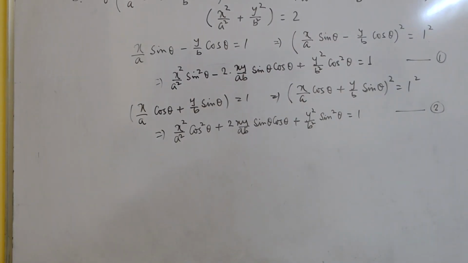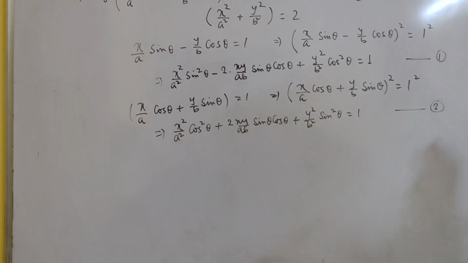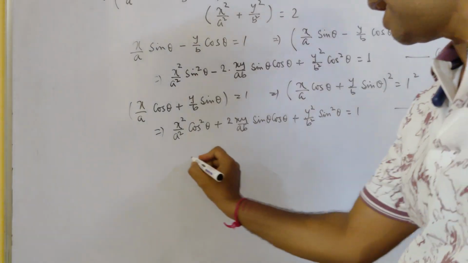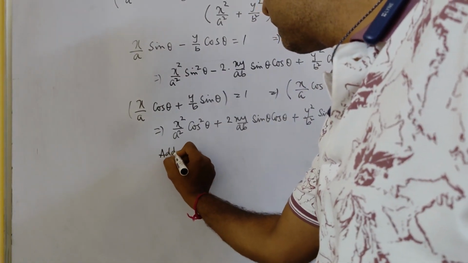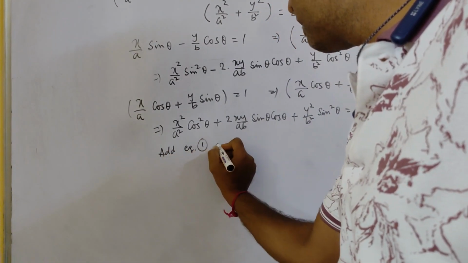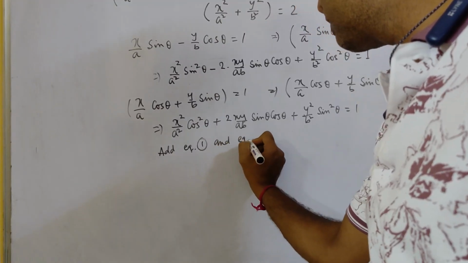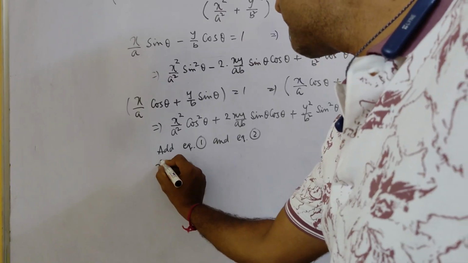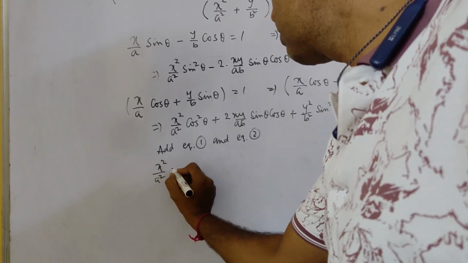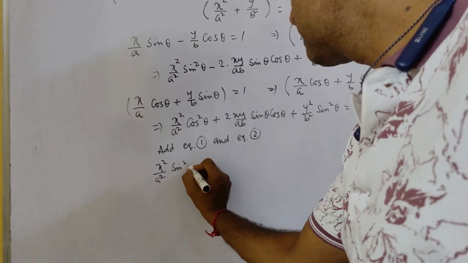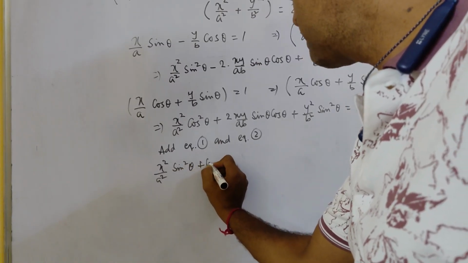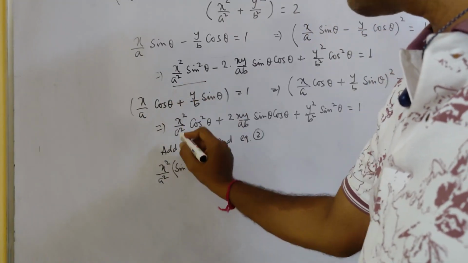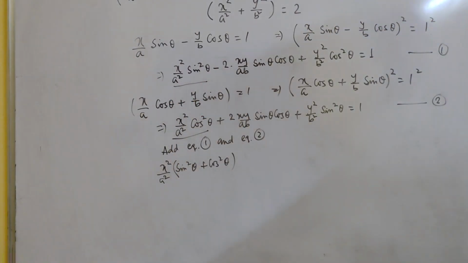Now if we add equation number 1 and equation number 2, then what will we get? So we may write here x square by a square sin square theta plus cos square theta. Here it is x square by a square sin square theta, here it is x square by a square cos square theta.